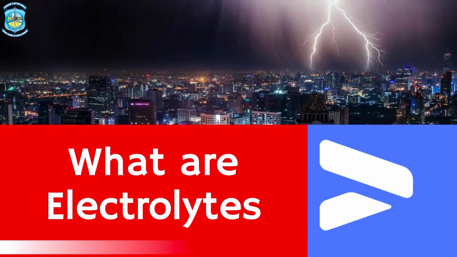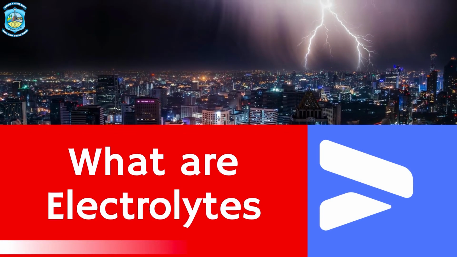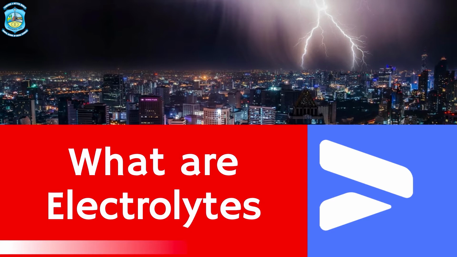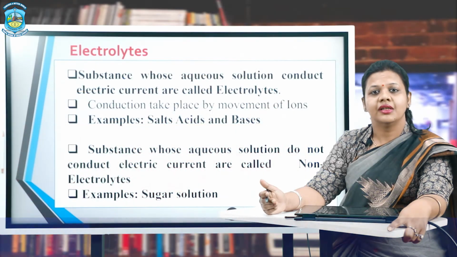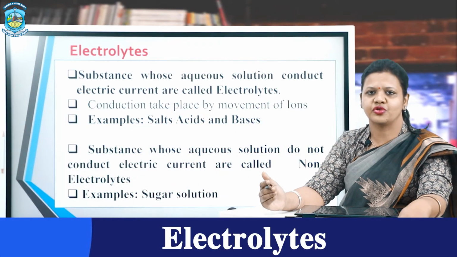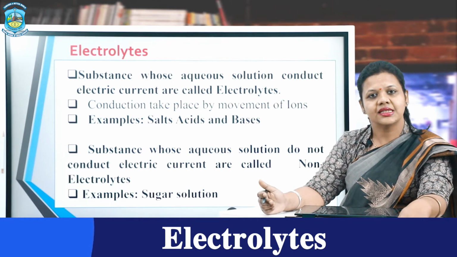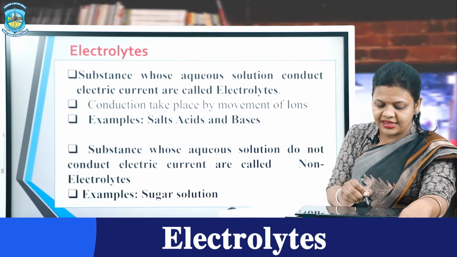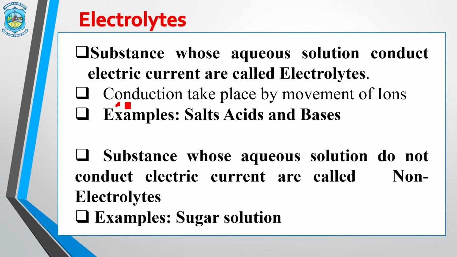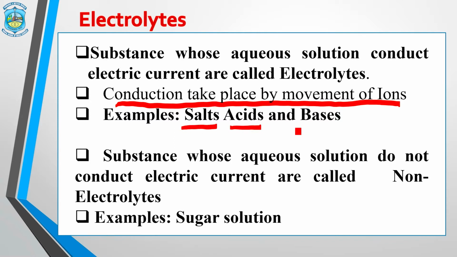What are electrolytes? Electrolytes are substances whose aqueous solution allow the electric current to pass through them. The ions which are present in these substances are responsible for the conducting movement. Examples of which are salts, acids and bases.